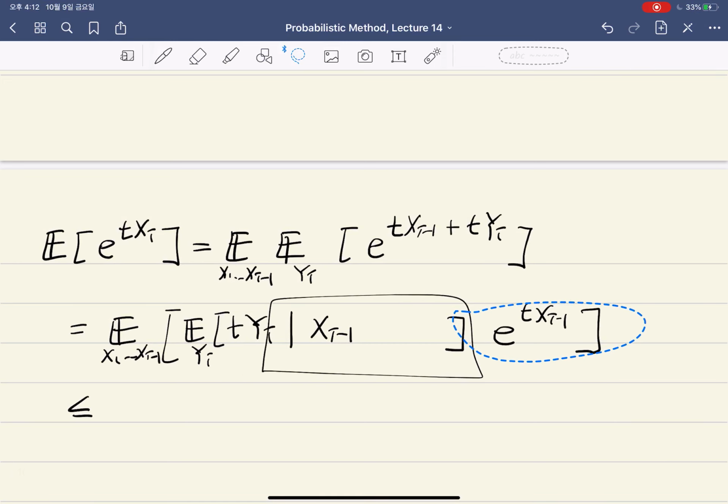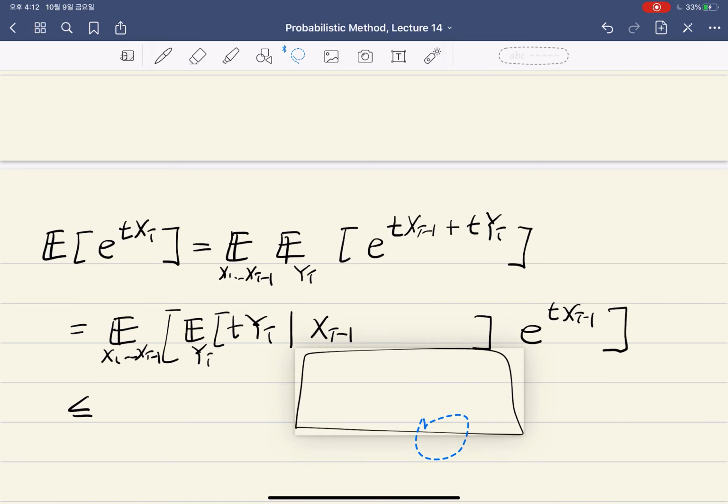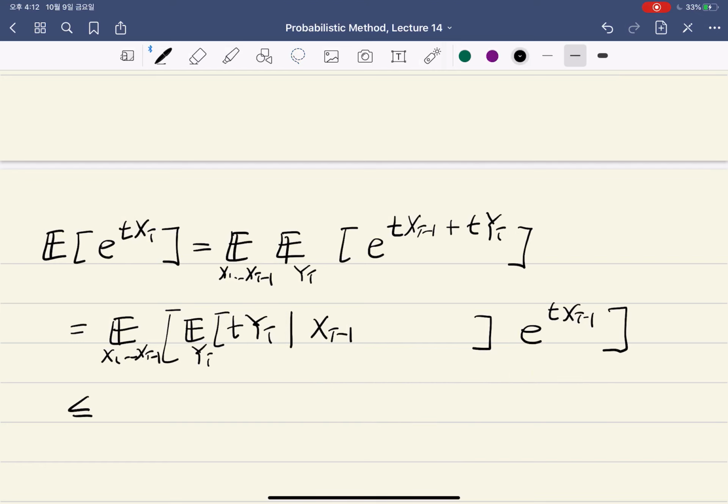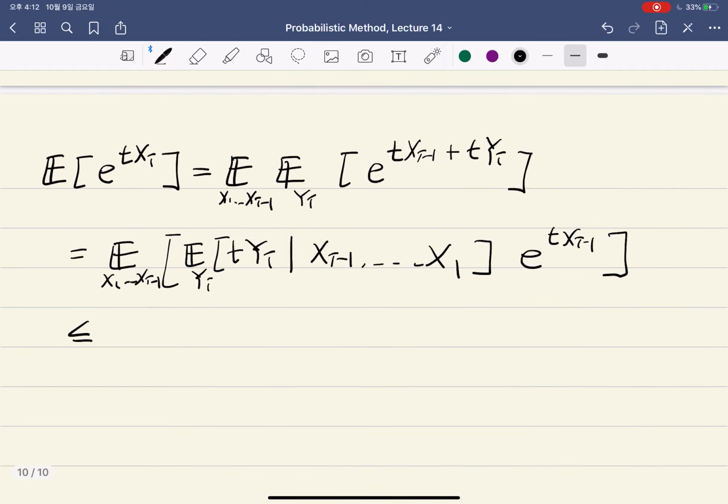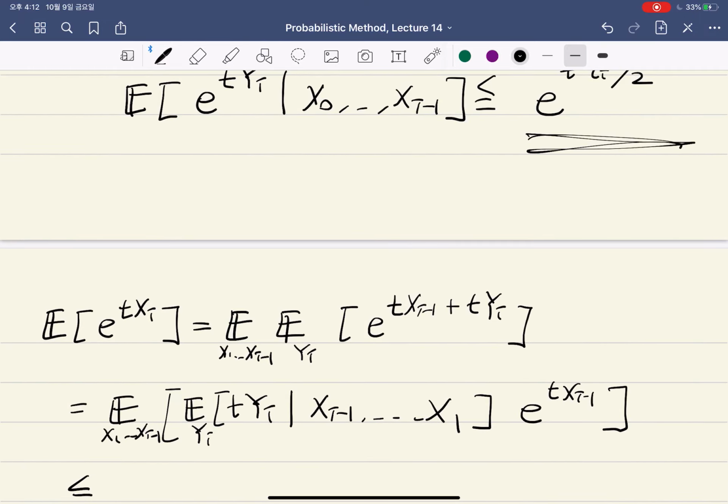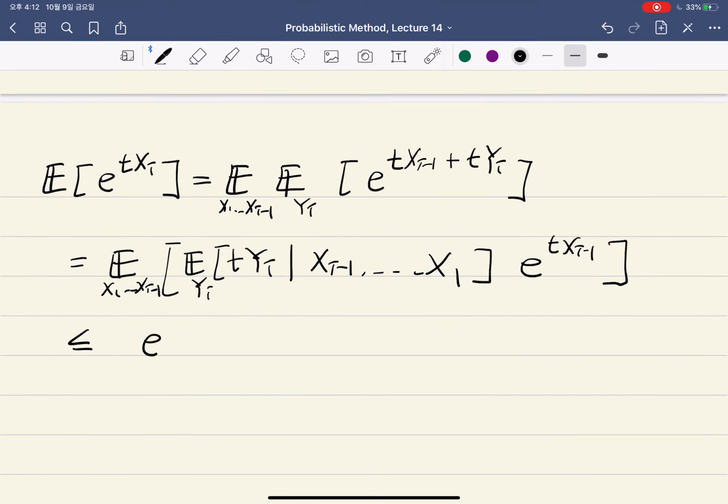To be more precise, we can write it this way. Then that's at most this much. So you can conclude this.